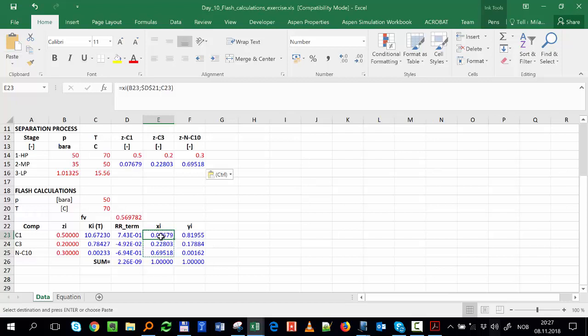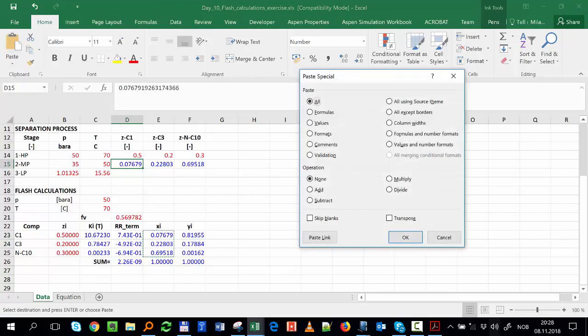Whatever is entering is the liquid from the previous stage. So I copy Xi, I place myself in the first cell, and then I say paste special, values, and transpose. Because I want to copy transpose, not in this direction, but I want to paste in this direction.